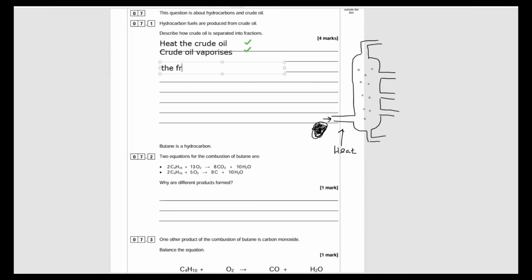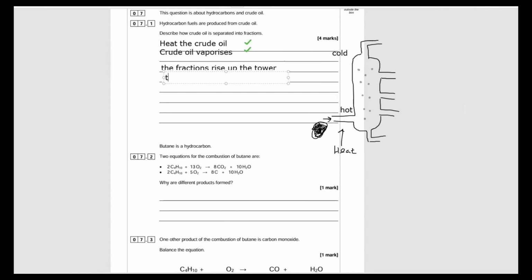So I'm going to say the fractions, because now it separates into fractions, rise up the tower because they're a gas. So gases rise up, less dense than air, hopefully, or maybe not. But they rise up the tower. And what's next? The tower, folks, is hot at the bottom and cold at the top. A lot of people like to use the term a temperature gradient.